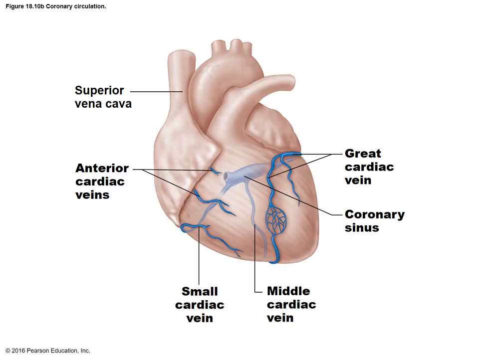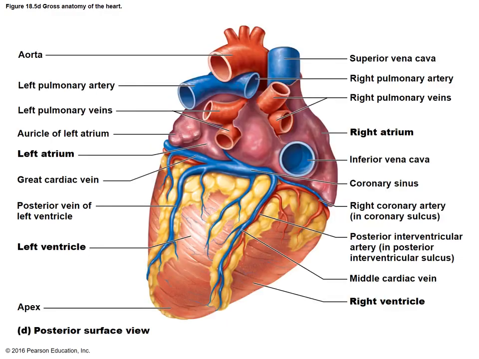And this is shown here. So once again, on this picture, the gross anatomy of the heart, this posterior view where you can see the great cardiac vein, middle cardiac vein, you can see the right coronary artery, the coronary sinus as it's going to feed into the right atrium.